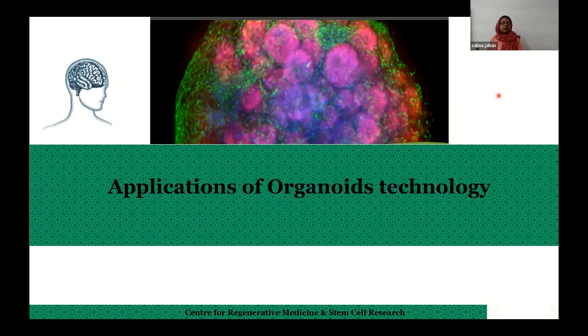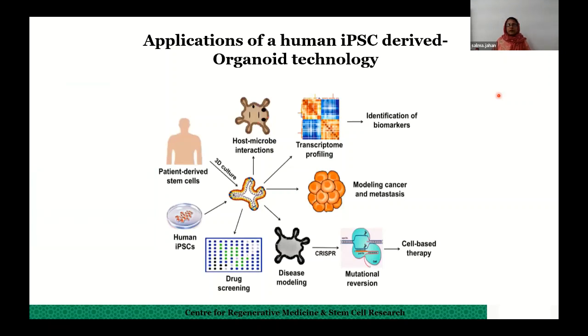Finally, I'm going to talk a little bit about the applications of organoid technology. Considering the advantages of the organoid, it offers applications in multiple fields. We are interested in understanding host microbe interaction and modeling cancer metastasis. These organoid models are also utilized for gene therapy, where you can either delete or knock in genes using CRISPR gene technology.